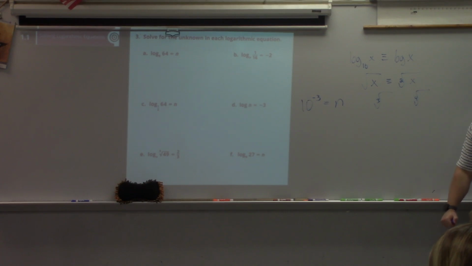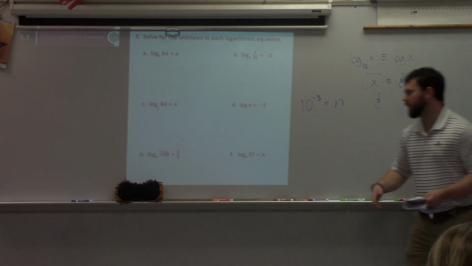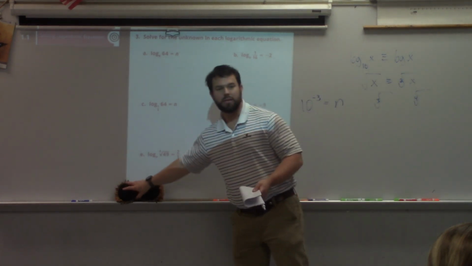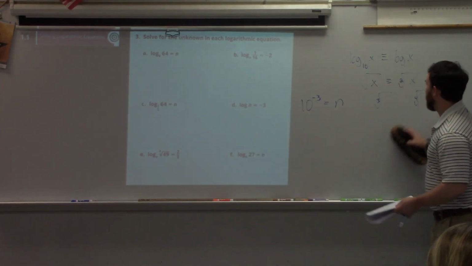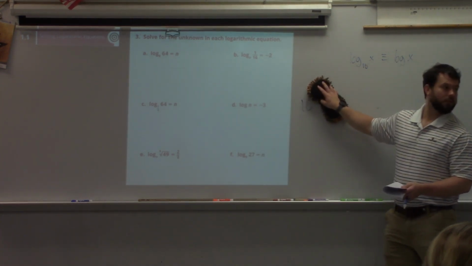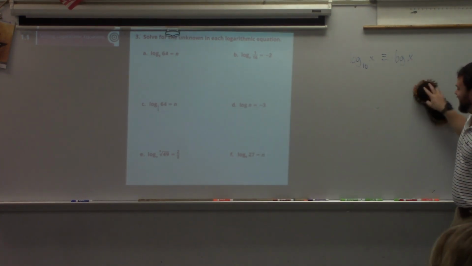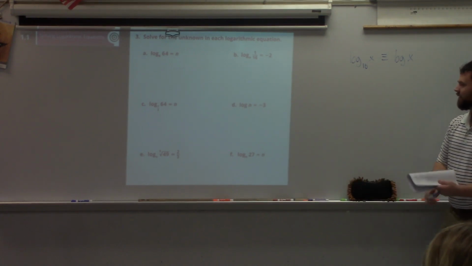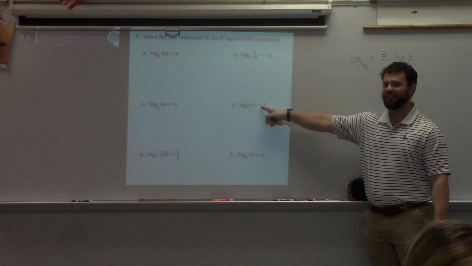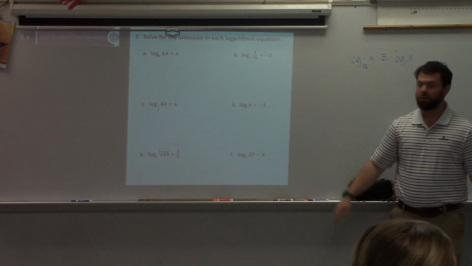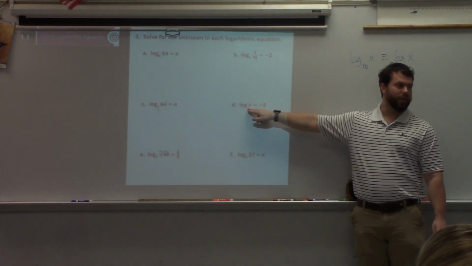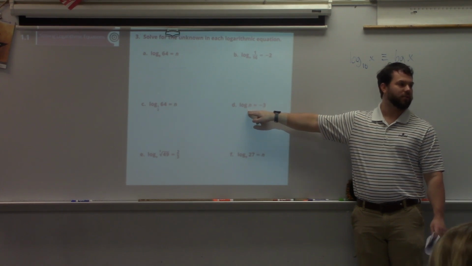Equivalent. Yeah. They're not just equal, they're equivalent, right? They mean exactly the same thing. Okay. Where do you get negative? It has a negative 3 right there. Looking at A. So, Marshall, if there is no base written at all, we have defined that to be understood as base 10.